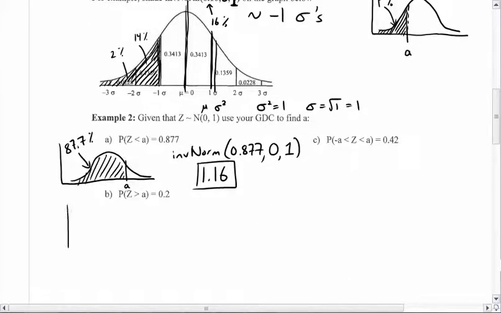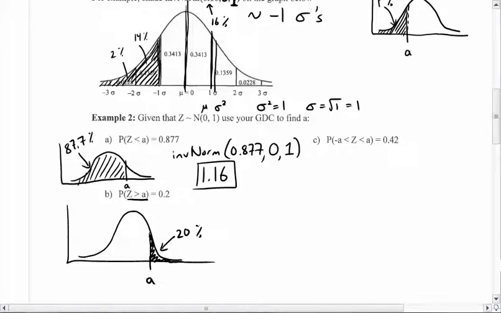Now, this time it's asking for z to be bigger than a. So I want some value a, so that if I'm bigger than a, then I have 20% of the data within that range.